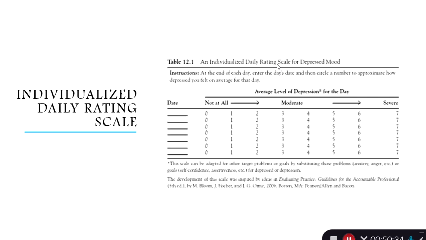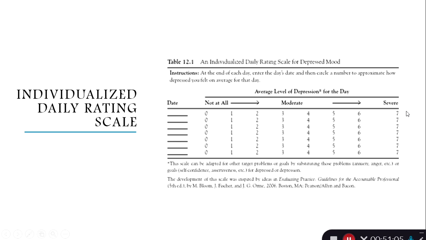And then here again, we have the individualized daily rating scale, and we can change this to whatever target problem or outcome we need it to be. We can also change the scale as well. So instead of it being from 0 to 7, it could be 0 to 5, it could be 0 to 3, but I recommend at least five data points, so at least a scale that ranges from 0 to 5. 0 to 7 might be a little bit too granular and specific.